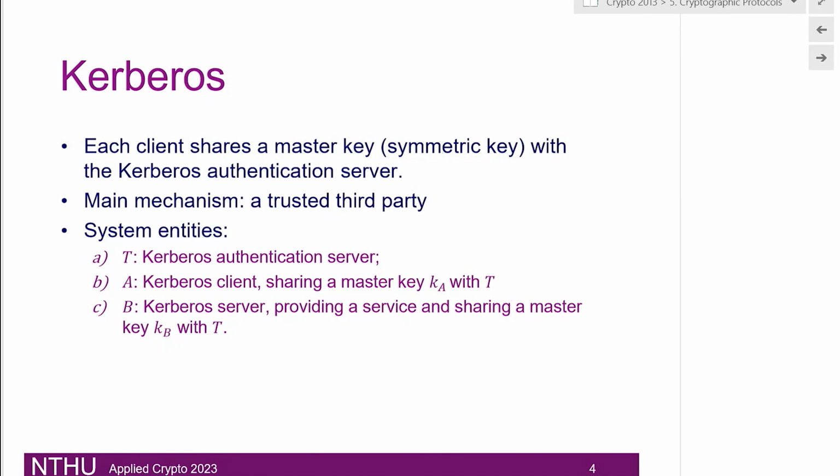is called Kerberos. Kerberos is a system that was designed at MIT many years ago, and the goal was that there are a lot of students, a lot of employees on the campus, and we also have a lot of servers on the campus. Let's say we have a print server, we have an email server, and different servers that provide different services.